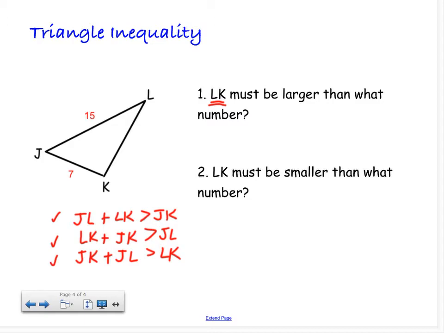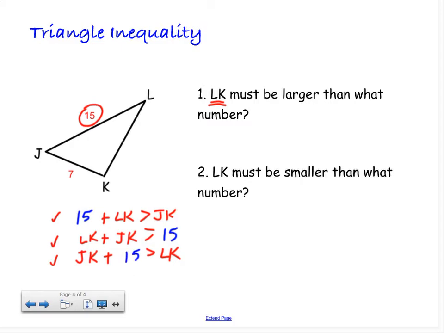So let's look and see what information we can fill in. I know that the length of JL here is 15. So what I'm going to do is in all of these inequalities, replace JL with 15. I'll tidy that up in a sec. JL, I'm going to replace that with 15.